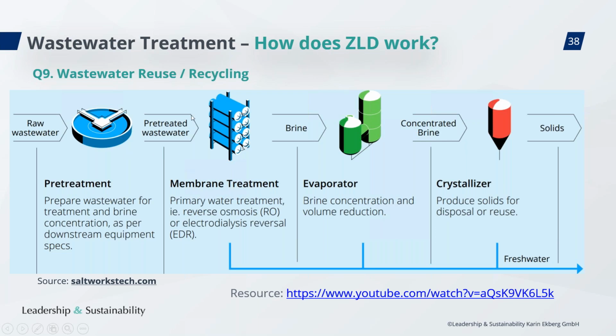And this is where you have your ultrafiltration, your reverse osmosis, and then you have your brine concentration and potentially even a crystallizer. But it depends a bit on how far you would go here. And there is also a film here on YouTube that you can watch to find some more information about this type of treatment.